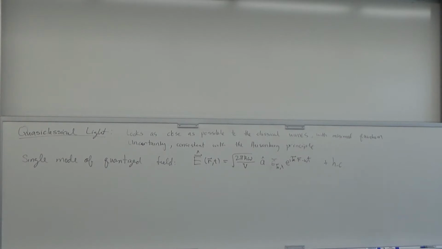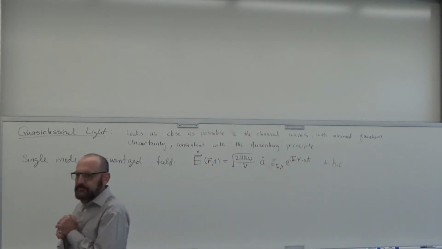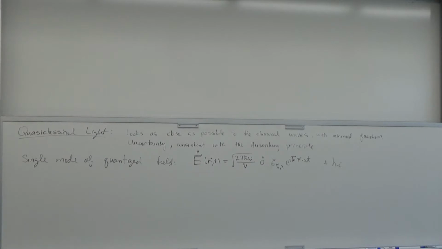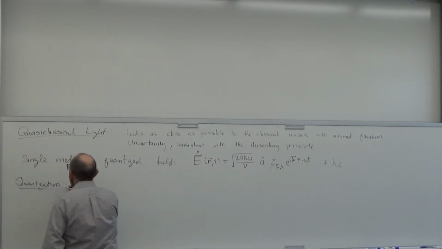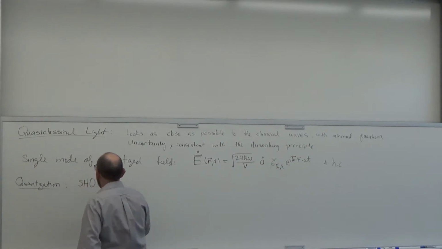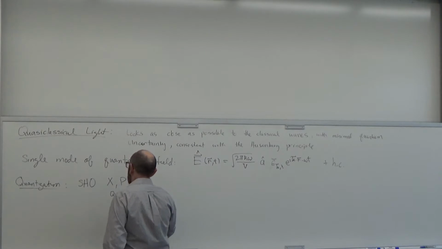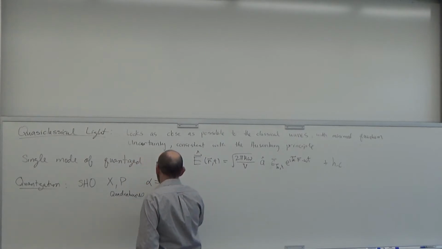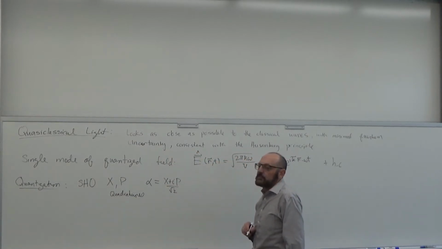Now, let's remind ourselves how we quantize the field in the first place. When we quantize the field, a simple-minded way of doing that was to think about a simple harmonic oscillator which had quadratures, or a complex amplitude, right? And the way we quantized it is how?